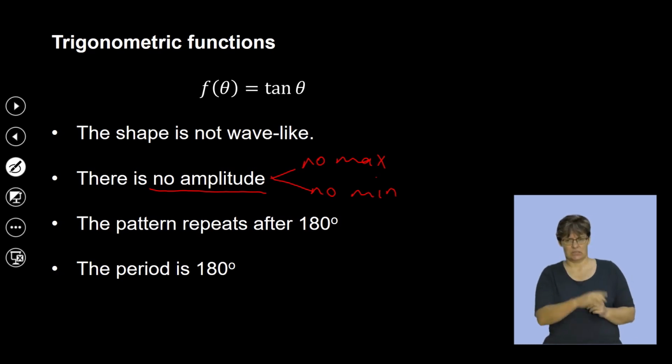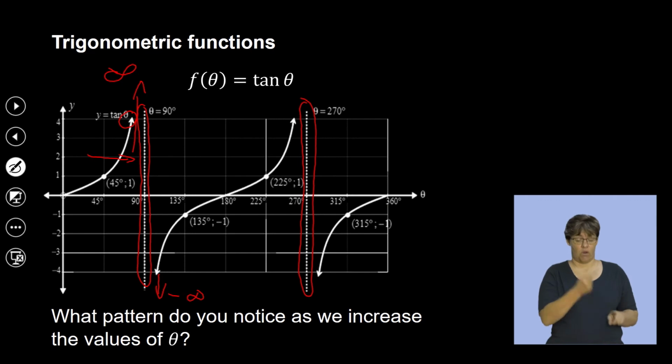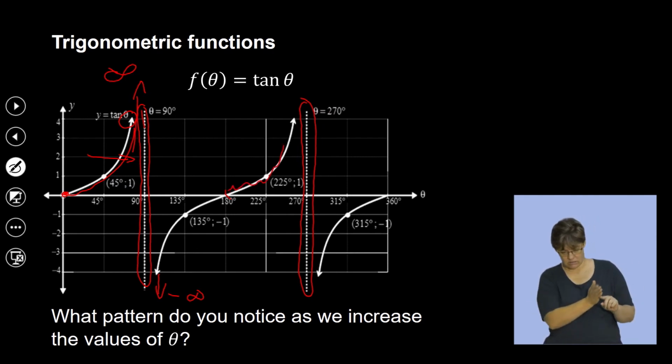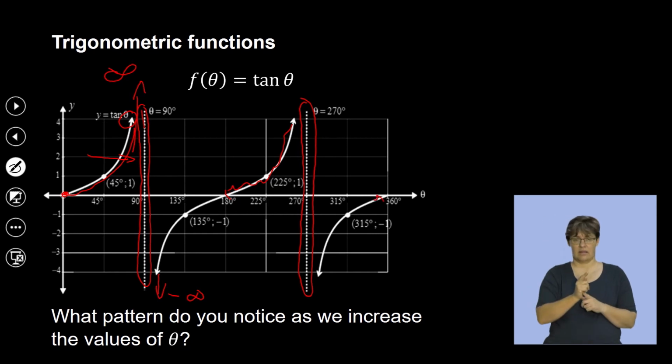So let me show you what I mean. From 0 degrees up until 90, you can see that it is up there, and then from 90 up until 180, it is down here. Now from 180, it starts as what it was initially looking like, so it is repeating the pattern to go up there, and then it goes down there.